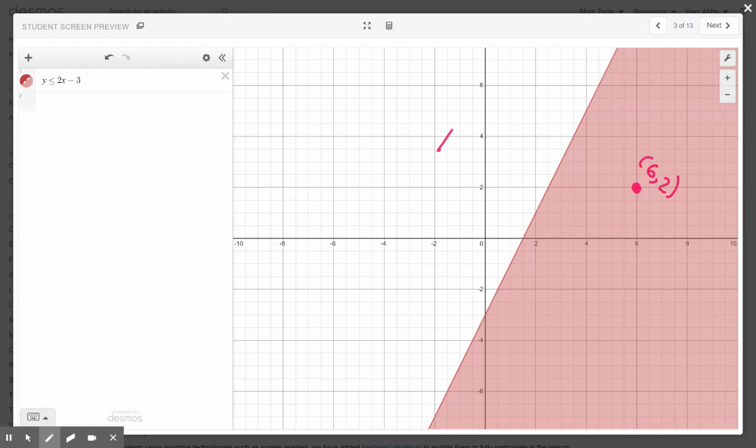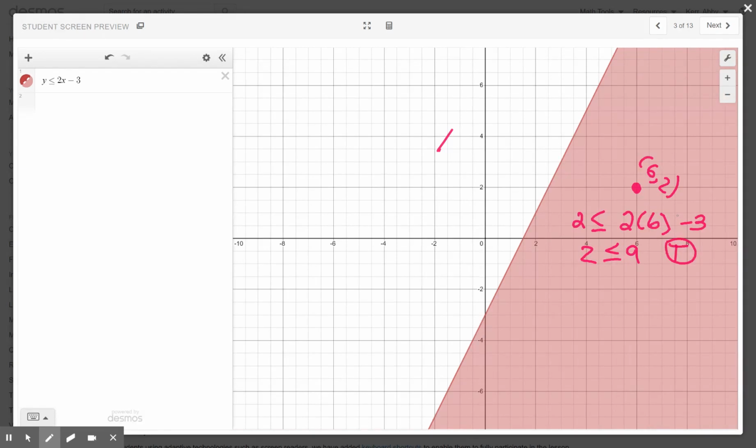If I plug that into my y value, 2 is less than or equal to, and then plug in my x. So that would be 12 minus 3 is 9. Yes, 2 is less than or equal to 9. So I can shade that.